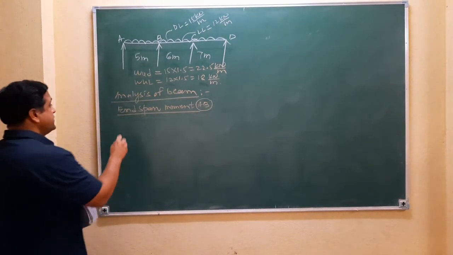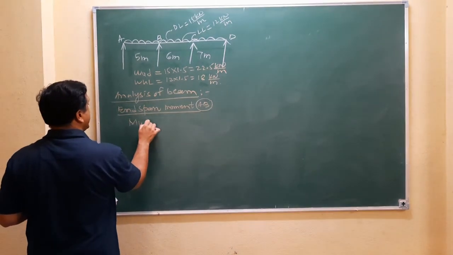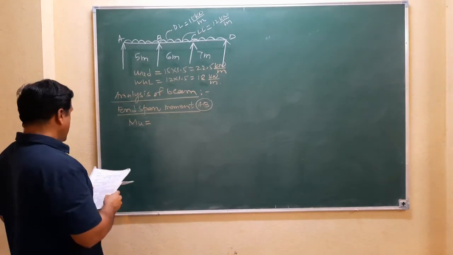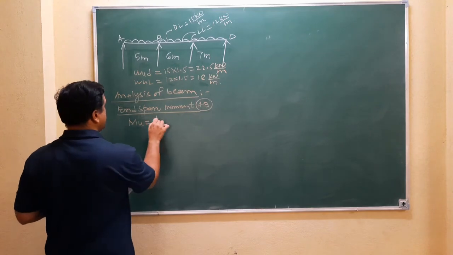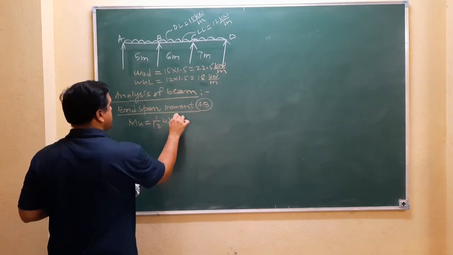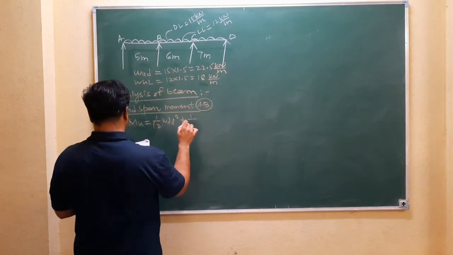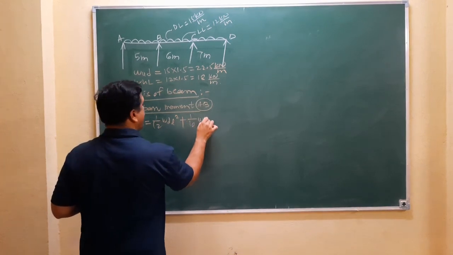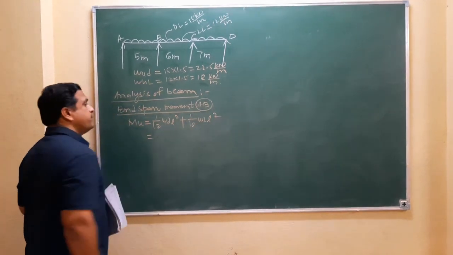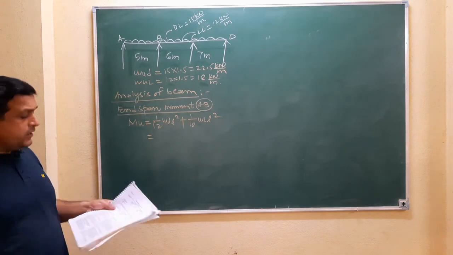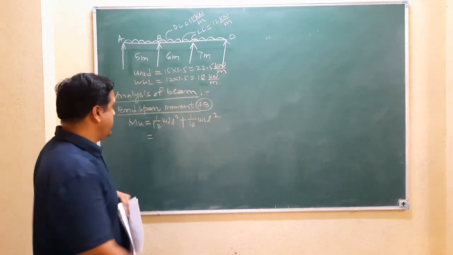So what is the formula? Now you get directly Mu. End span moment AB is 1 by 12 W dead L square plus 1 by 10 W live L square. So this is the formula. We can take this value from table number 12.